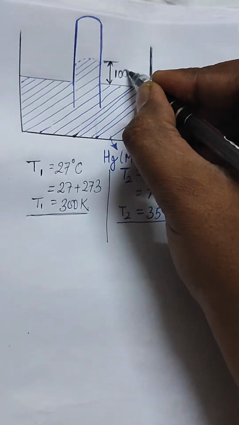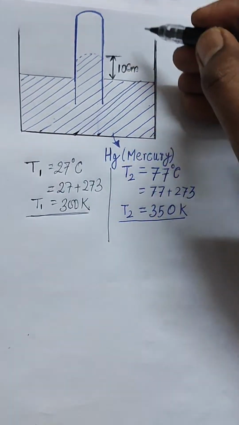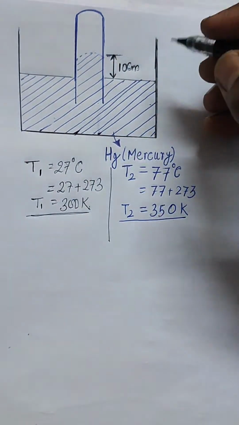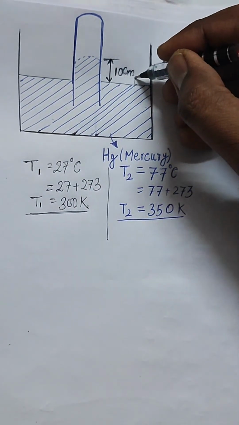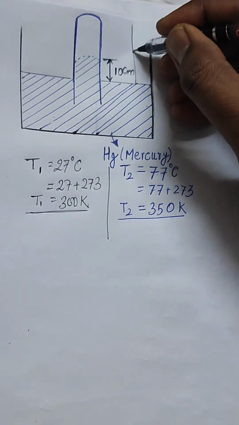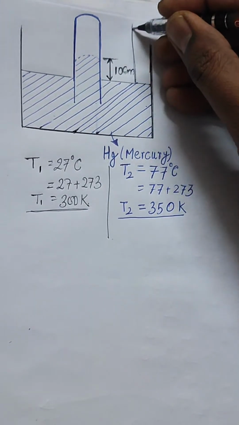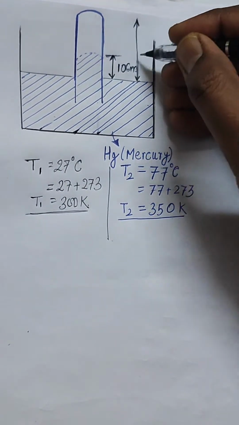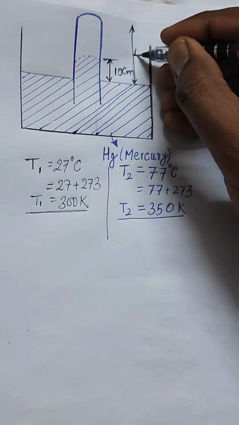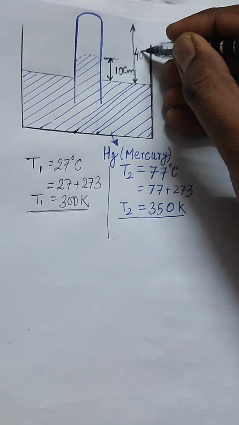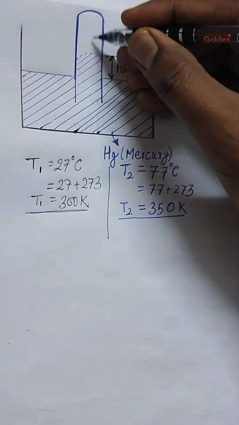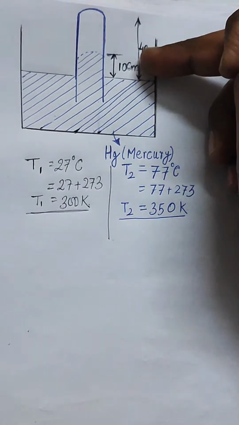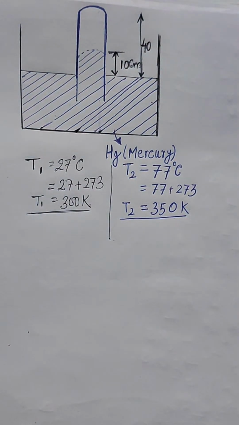And the length above the level of mercury till the top of the test tube is 40. Then what is the length of air above the mercury inside the test tube? 40 minus 10.